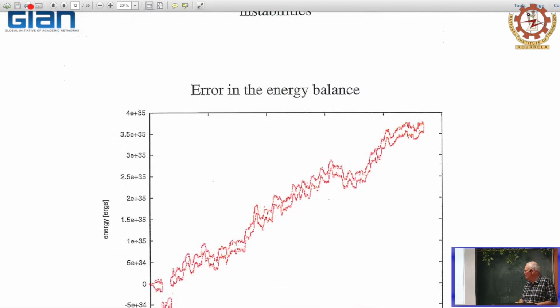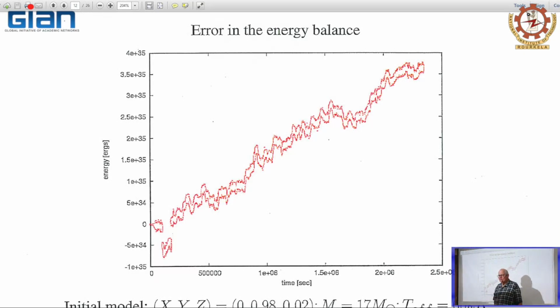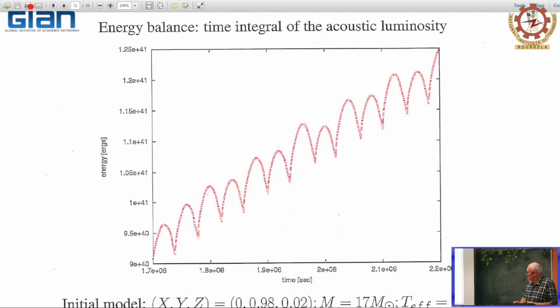So what we obtain then for the energy balance is an error of the order of 10 to 35 ergs, whereas the smallest energy appearing in the energy balance was this here with a magnitude of 10 to 41 ergs per second.